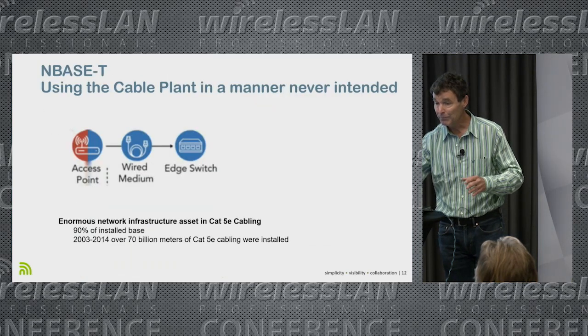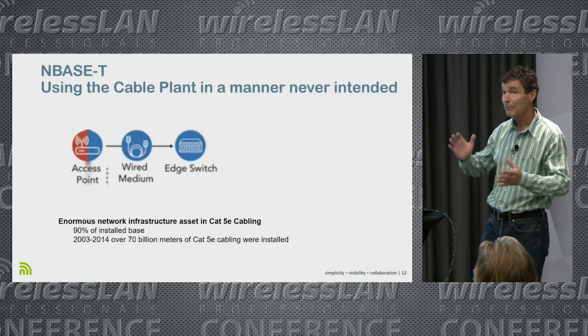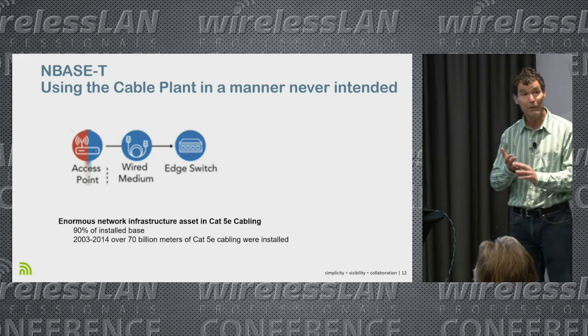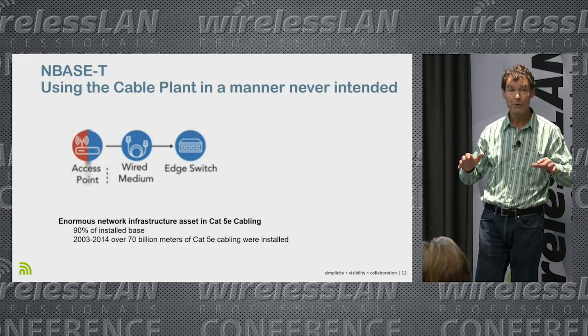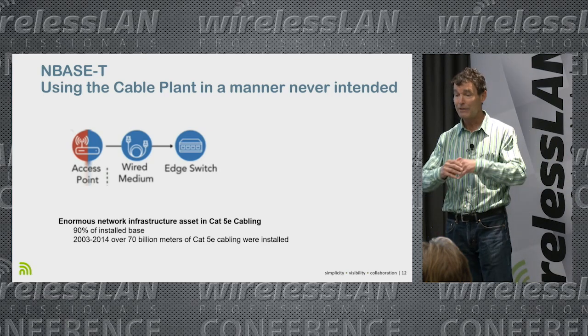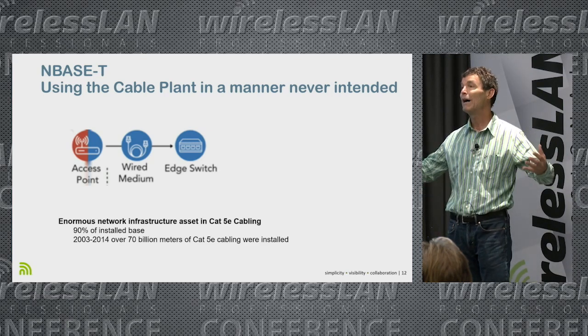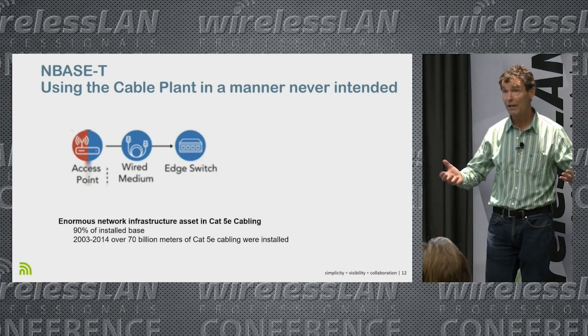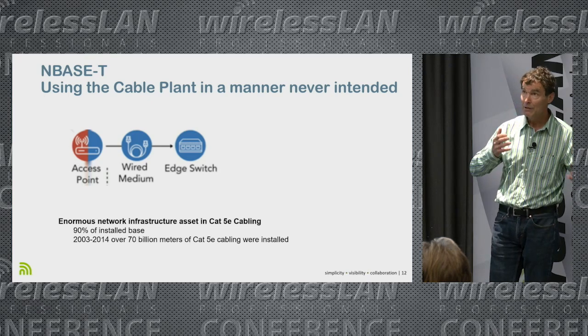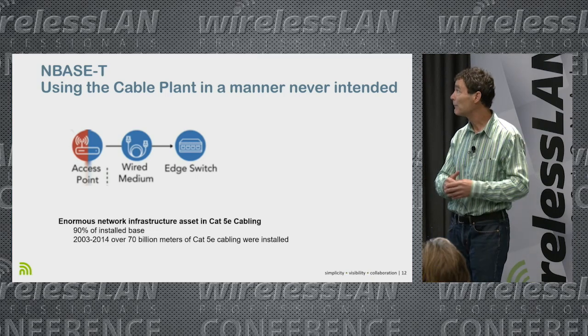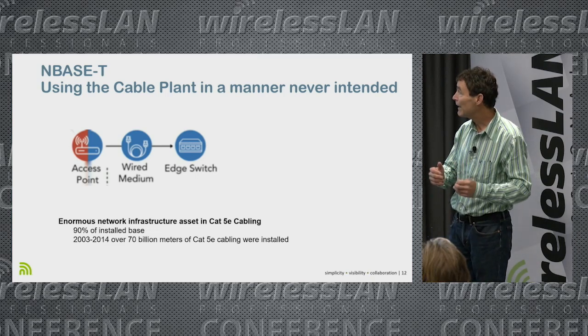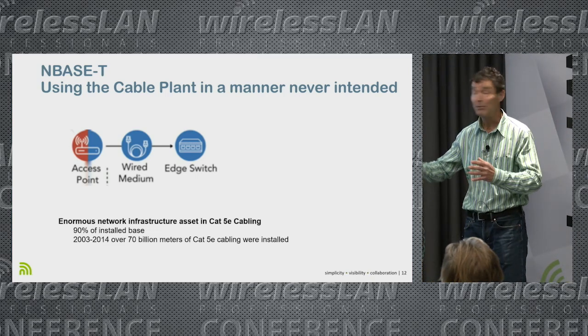I've always been kind of fascinated by this whole NBase-T and PoE thing because we're really using the cabling in a manner in which it was never intended. When you think about the huge blowout of Ethernet and wireline technology through the late 90s and the 2000s and the dot-bomb, that was all Cat5e cabling that was installed.